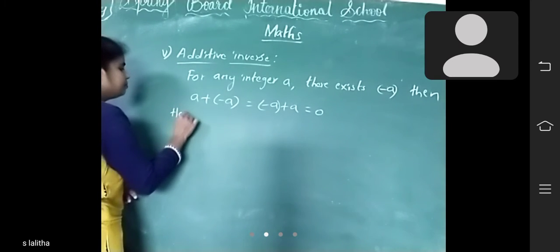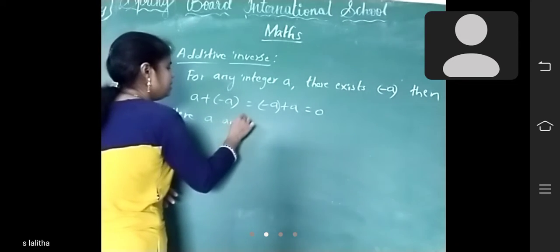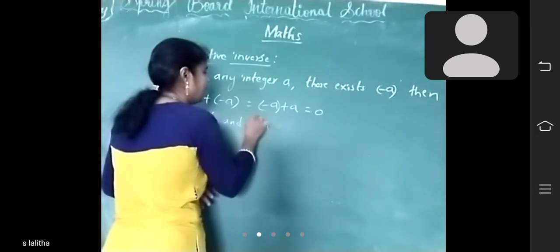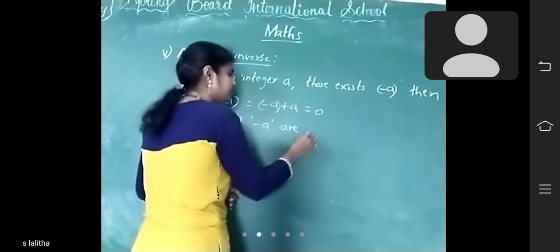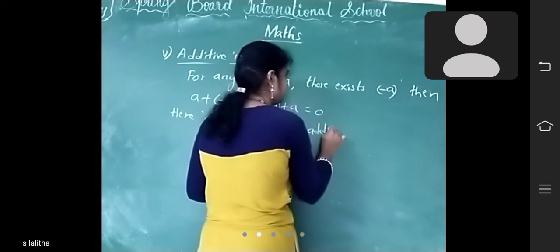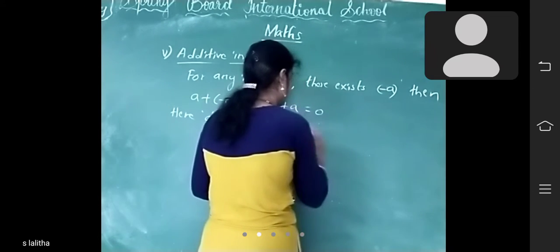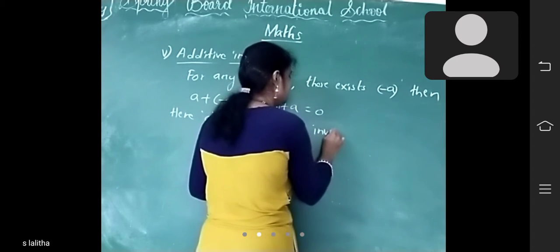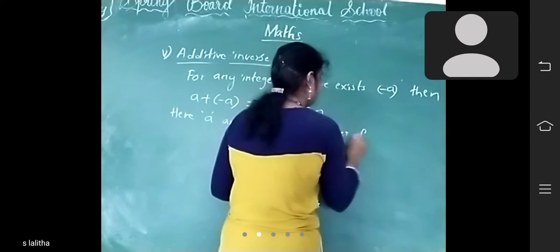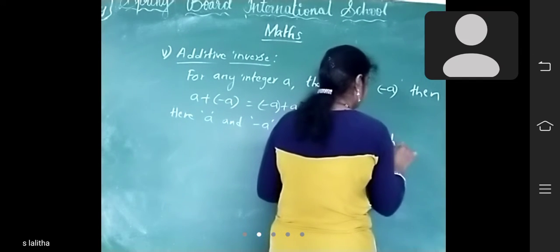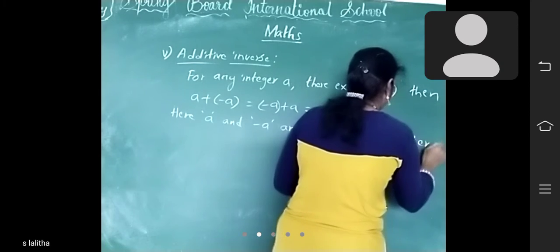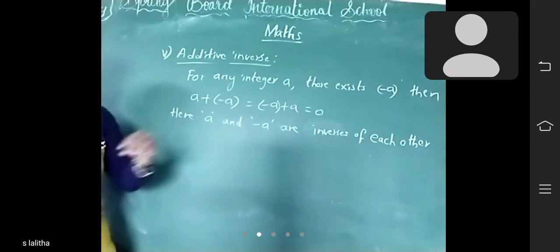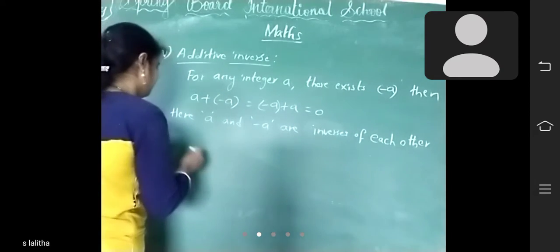So here a and -a are inverses of each other.